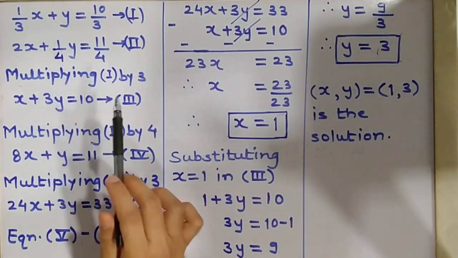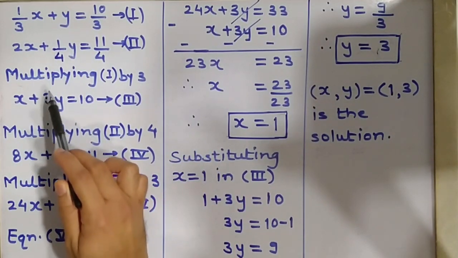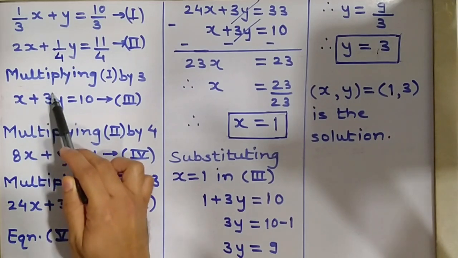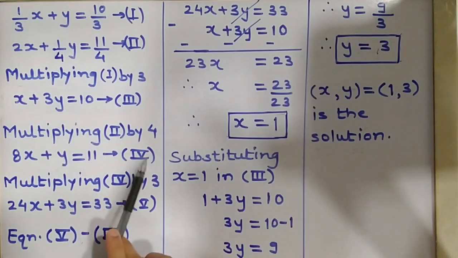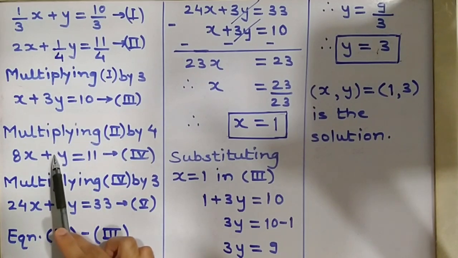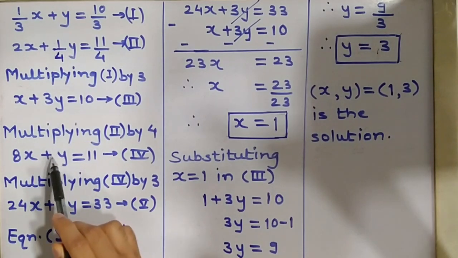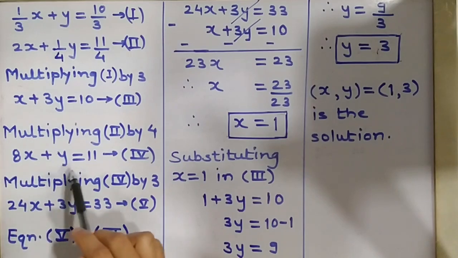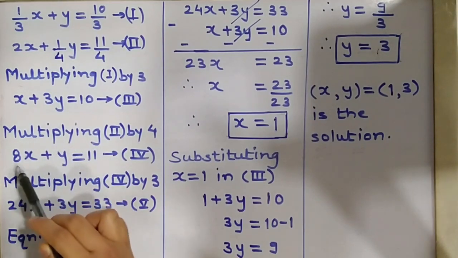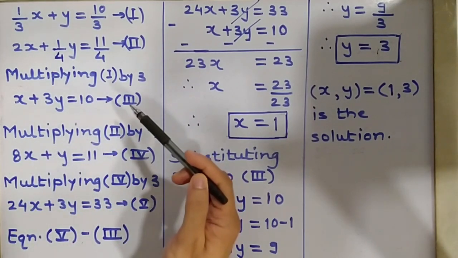Now you can see that the coefficient of y in equation number 3 is 3, and the coefficient of y in equation number 4 is 1. So in order to make the coefficient of y as 3 in equation number 4, you will multiply the entire equation 4 by 3 throughout. ठीक है?